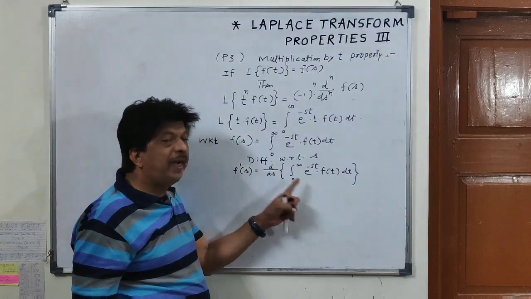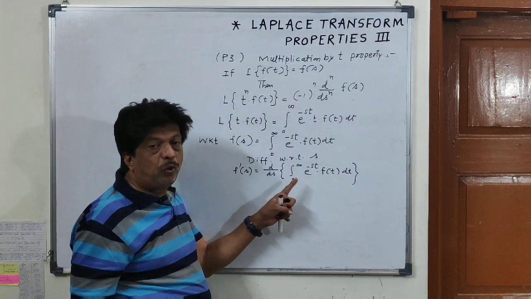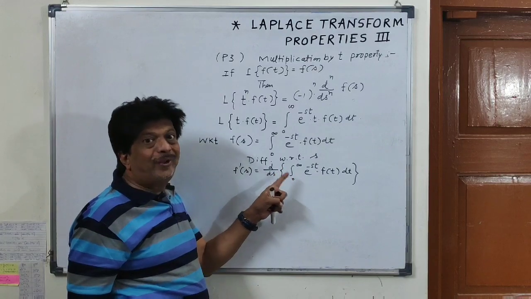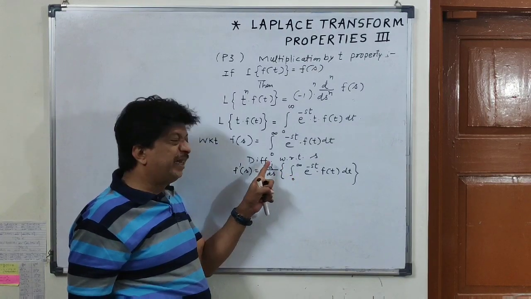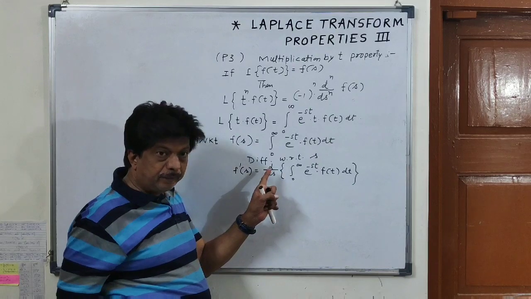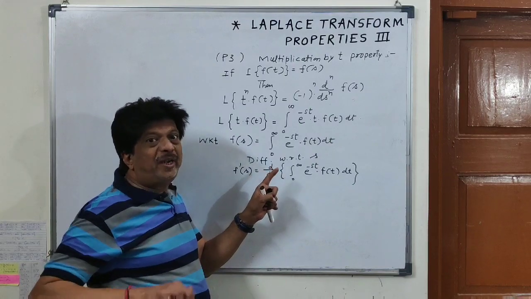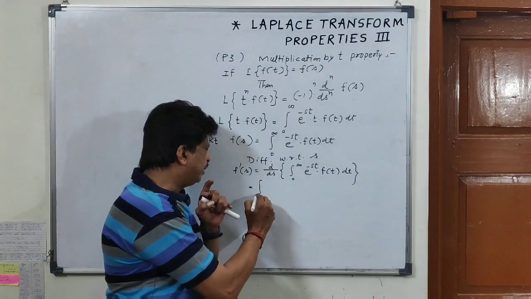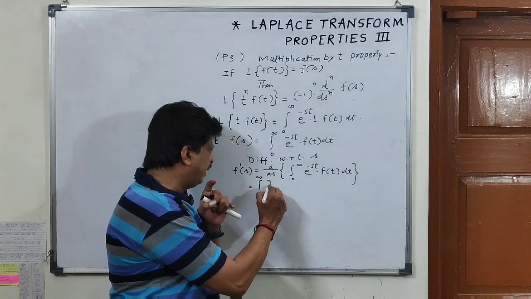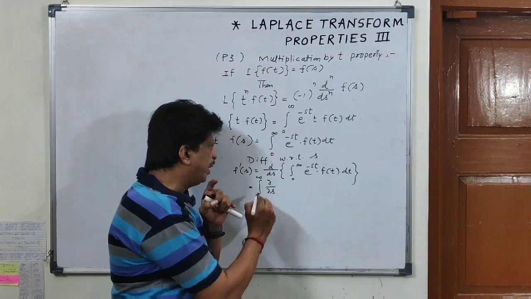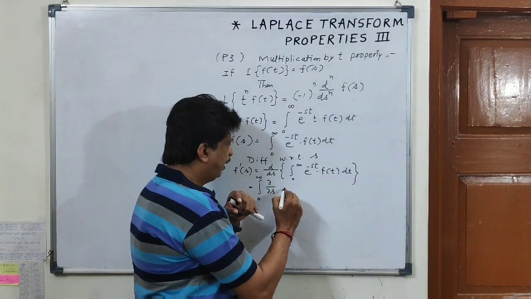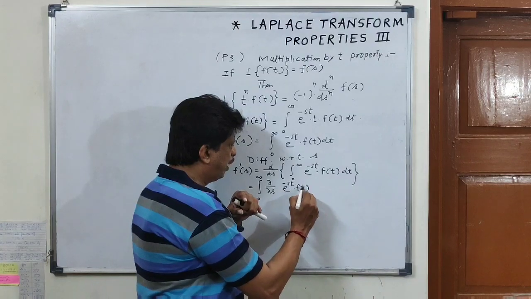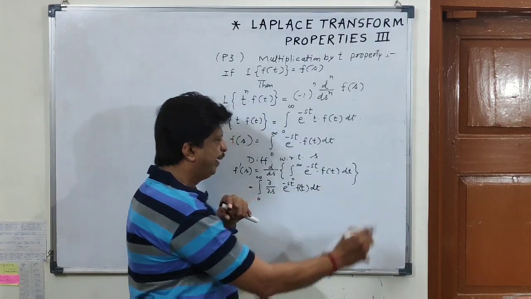Now, here I would be using and introducing the Leibniz rule. This d by ds becomes partial differentiation under the integral sign. This is equal to integral 0 to infinity del by del s of e raised to power minus st into f of t dt.